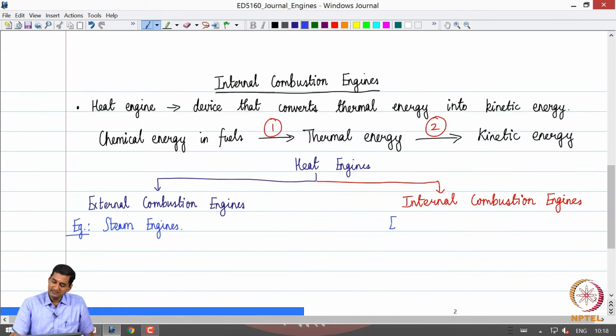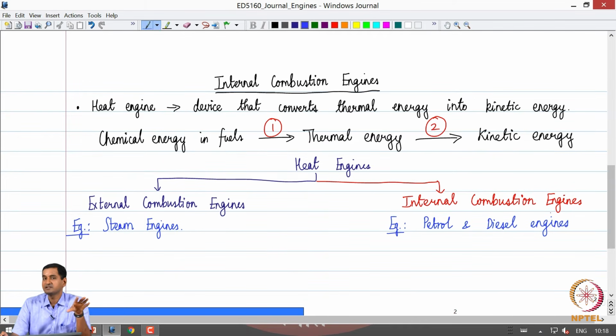On the other hand, in an internal combustion engine, the two energy conversion processes happen in the same chamber. Our example is typical petrol and diesel engines, what we use in typical automotive applications, which come under what are called internal combustion engines.